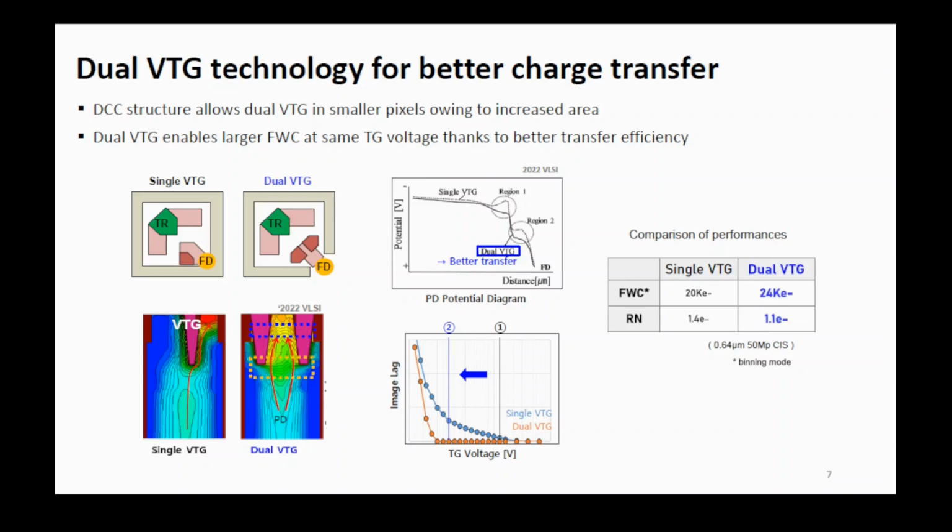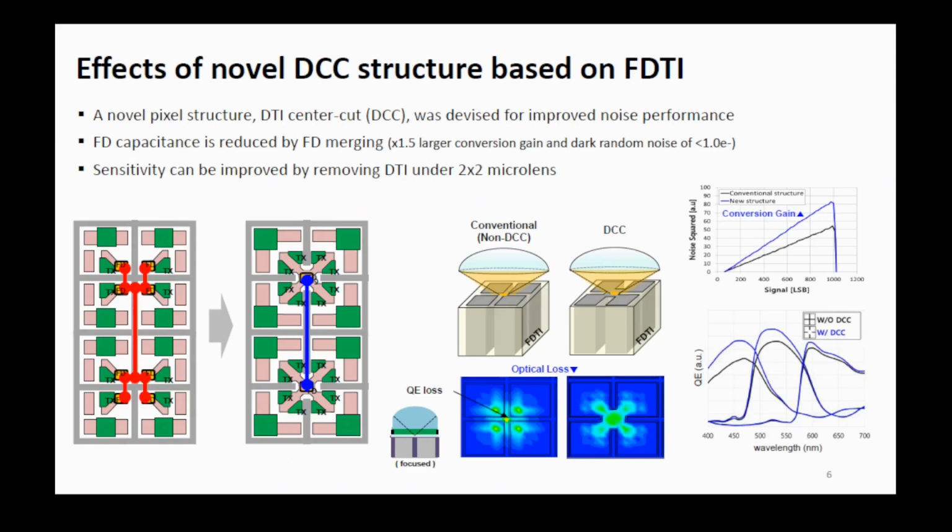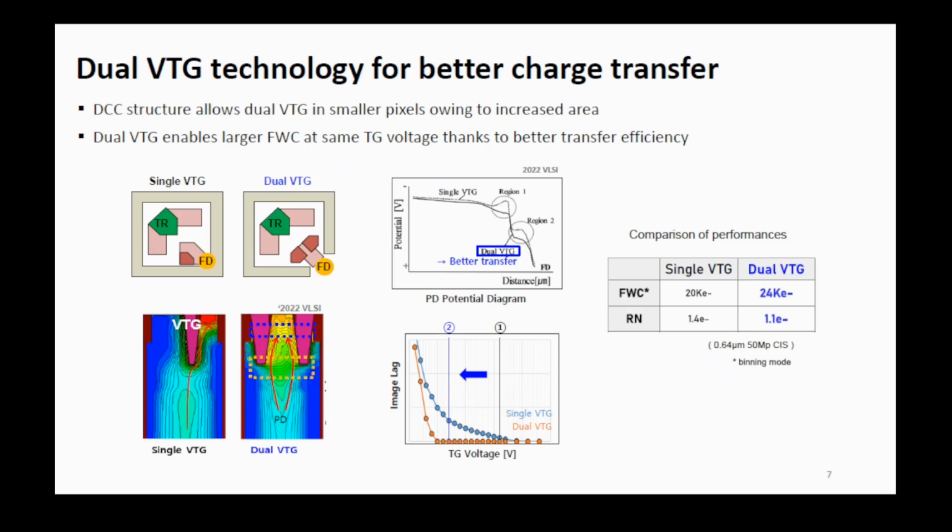So the combination of the DCC structure and the dual VTG would be the future direction of Samsung image sensors, which fits very well with 200 megapixel or even higher resolution sensors, and also including 50 megapixel sensors.